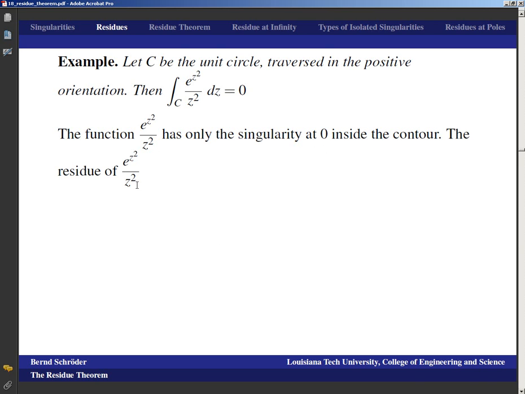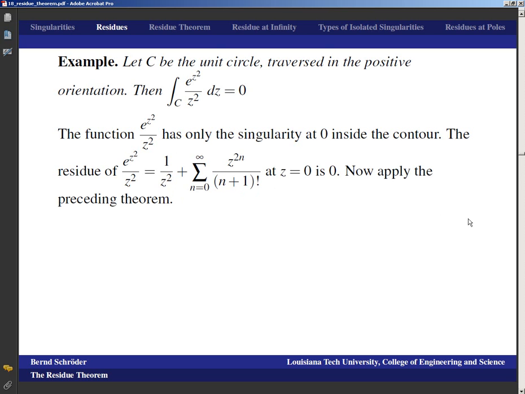But the residue of e^(z^2) over z^2, if we expand that, is the same thing as what we had on the previous panel, except that the z's are replaced with z^2, so we get 1 over z^2 plus the sum n = 0 to infinity of z^(2n) over (n+1)!. At z = 0, that residue is 0 because we don't have a 1 over z term, and that means a_{-1} is equal to 0.